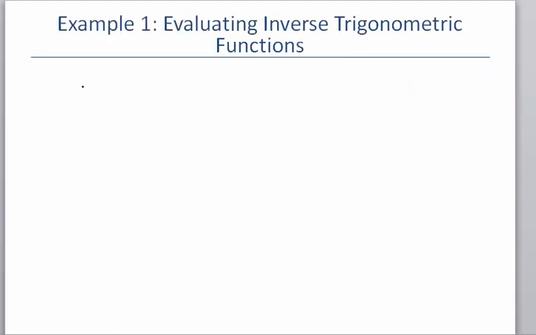All right, so let's start with a problem that looks like cosine inverse of 1/2. And then we'll try cosine inverse of negative square root of 3 over 2. And then maybe we'll try cosine inverse of 0.